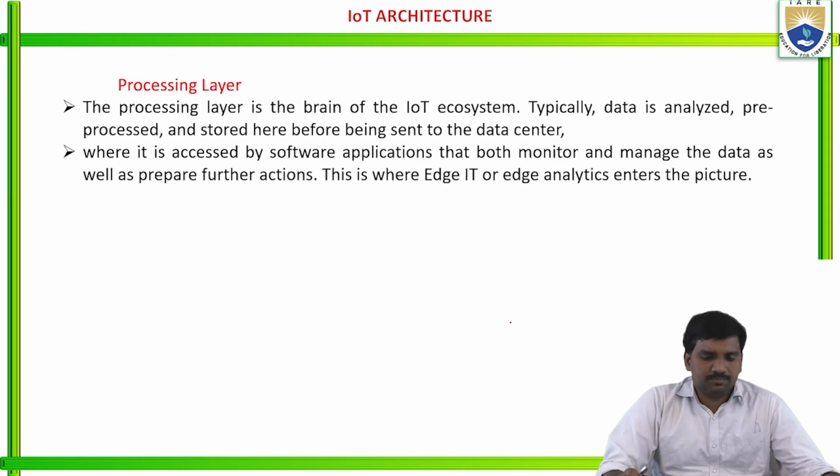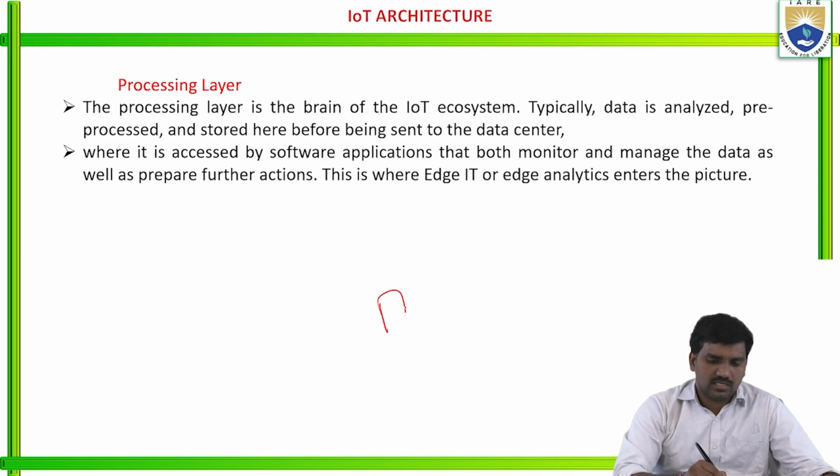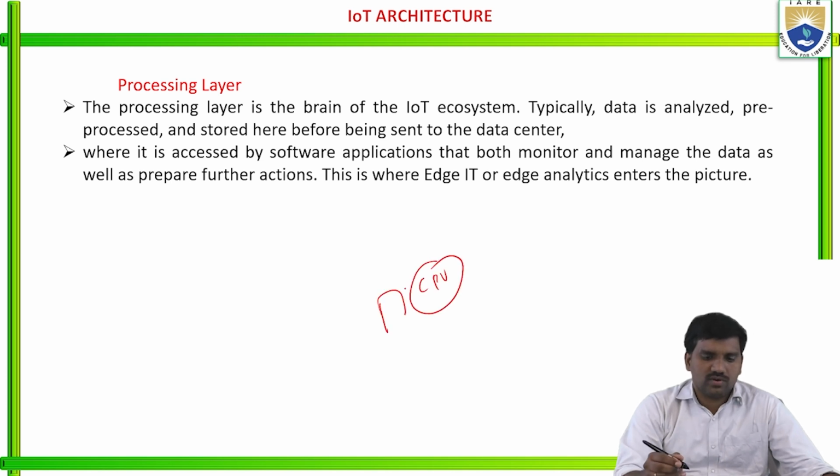Next, the processing layer. We have to process the data from the devices. The processing layer is the brain of the IoT system, like the CPU is the brain of a computer.